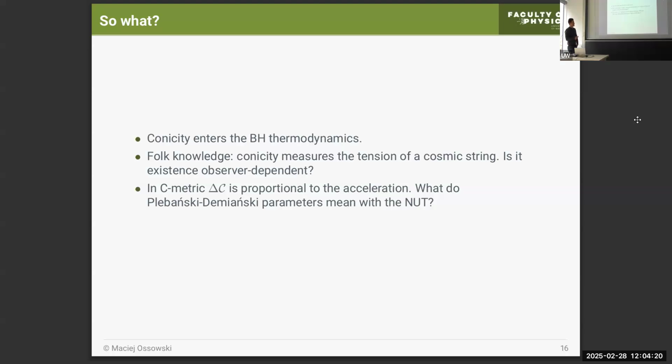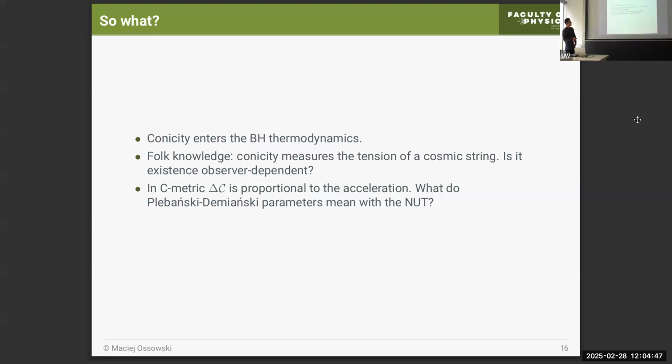But this conicity is necessarily observer dependent. So for which observer do you calculate this thermodynamics? There's a folk knowledge, a common understanding, that the conicity, or the difference of the conicity, measures the tension of a cosmic string, as I argued in the symmetric case.